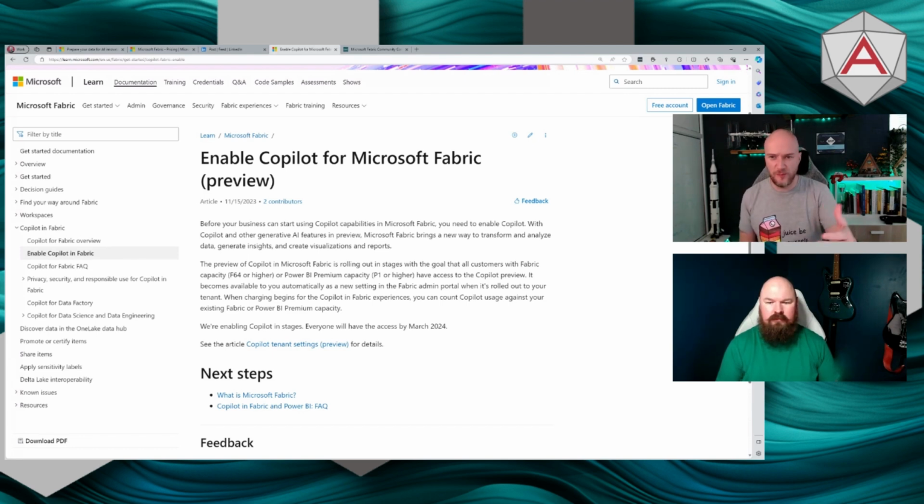You've got Copilot around Data Factory, as the article you showed demonstrated. You've got Copilot for your notebooks to help you with your Spark as well. So there are different elements, but the overall messaging was that this is about helping you and assisting you, and not necessarily replacing you in your skill set.